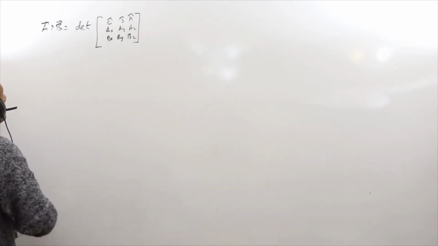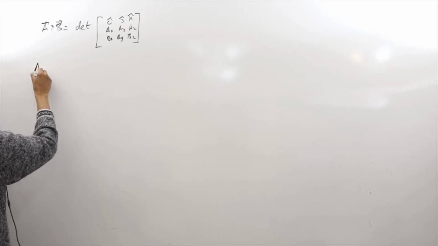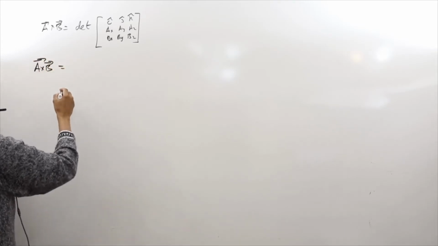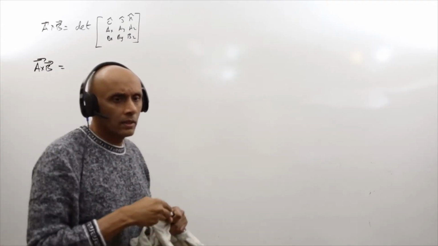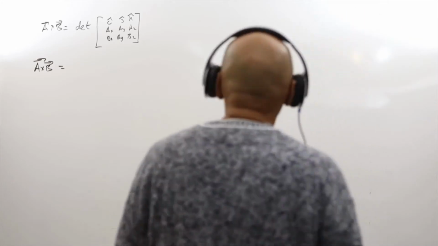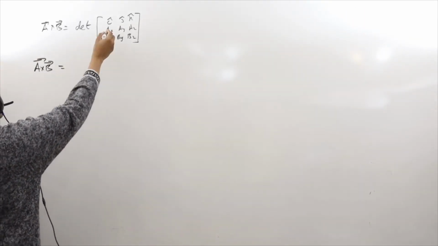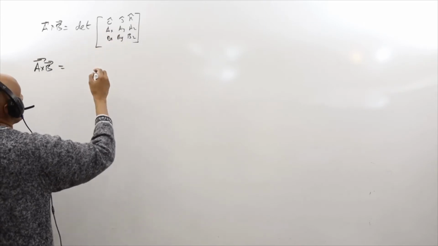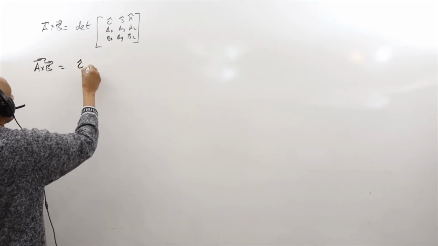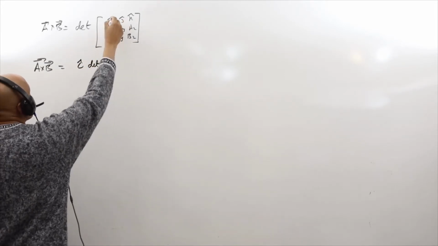Okay, so let's calculate A cross B. From the definition, we know A cross B is equal to the determinant of i, j, k, Ax, Ay, Az, Bx, By, Bz. Expanding in terms of i, that's equal to the determinant with this row and column removed.